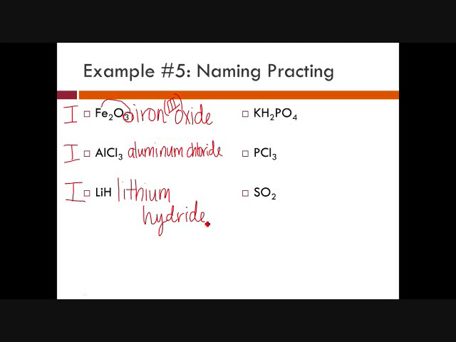KH2PO4. This is ionic because if you look at the table of polyatomic ions, the H2PO4 has a special name, and it's not something you had to know last year in Chem 1. So what's the name of that? Dihydrogen phosphate.